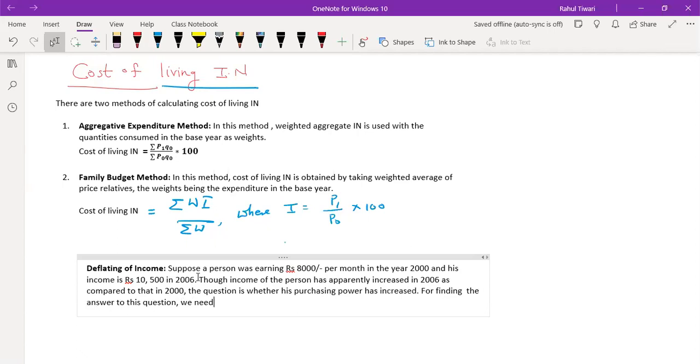we need to take into account the cost of living index number for the year 2006 with the base year 2000.